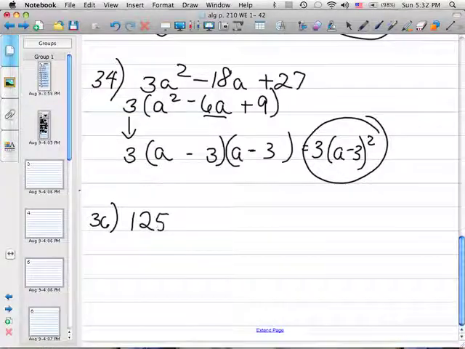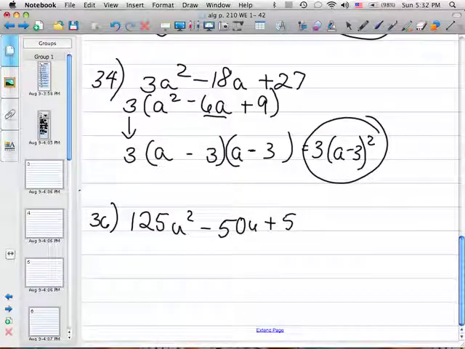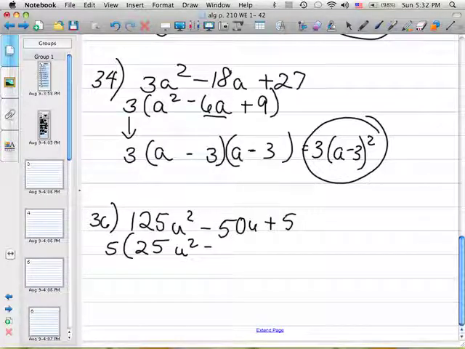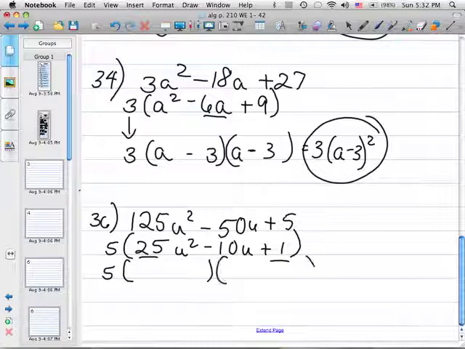36, 125u squared minus 50u plus 5. Take out your greatest common factor. It would have to be just 5. So that's 5 times 25u squared minus 10u plus 1. The ends are perfect squares, so bring down your 5 and let's try factoring it.